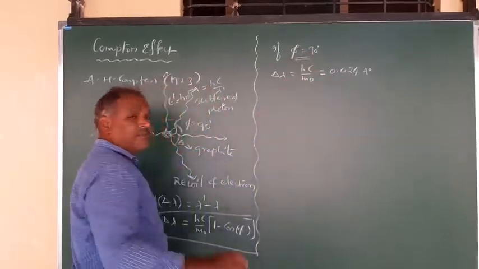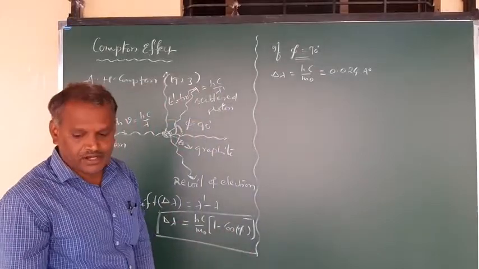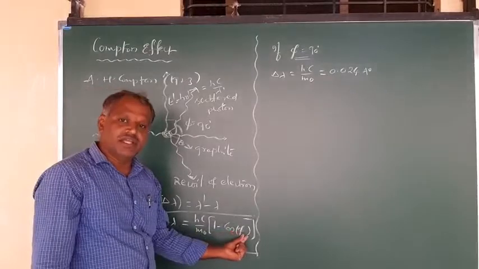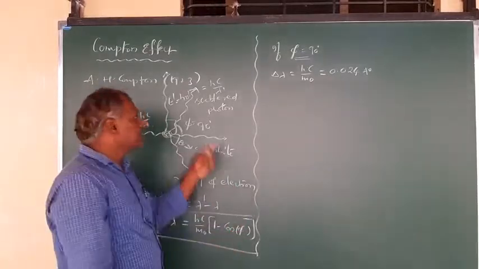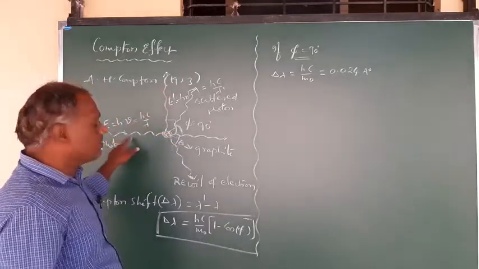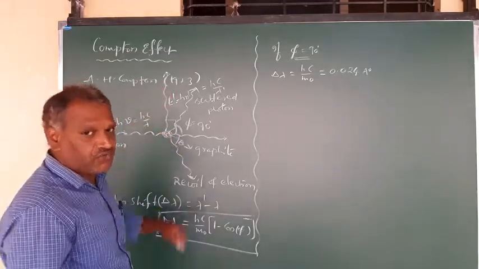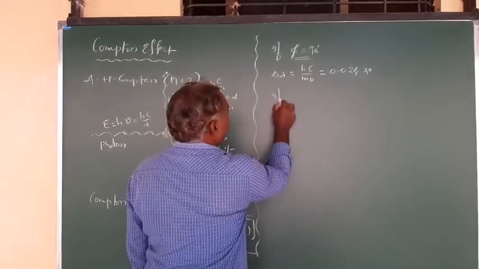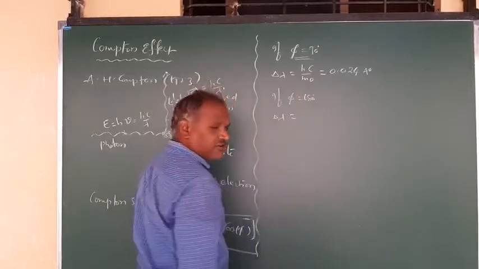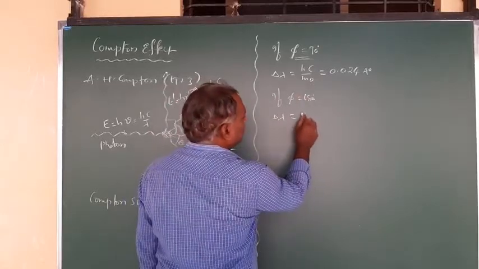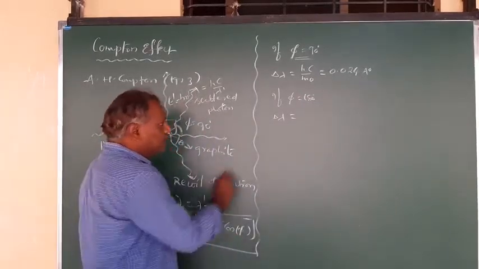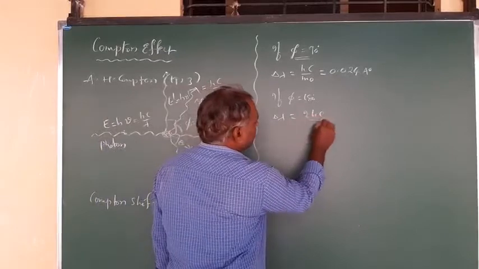Now what is the maximum Compton shift you can expect here? The maximum Compton shift occurs when the angle is 180, cos 180 is minus 1. That means the scattered photon is retraced in the opposite direction to the initial direction of the incident photon. So with phi equal to 180, delta lambda is minus 1 into minus, it becomes plus 1, 1 plus 1 is 2, so 2 times h c by m naught.